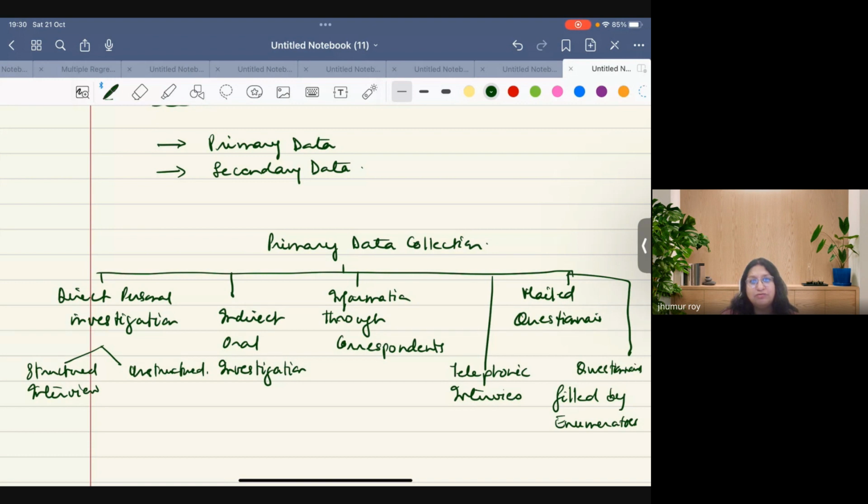90% of us, what we want to do is, for example, I want to find out about national income. So I type in national income of India in Google, and you just see the number of searches which come, which tell you national income statistics and national income and all this. But is that correct?